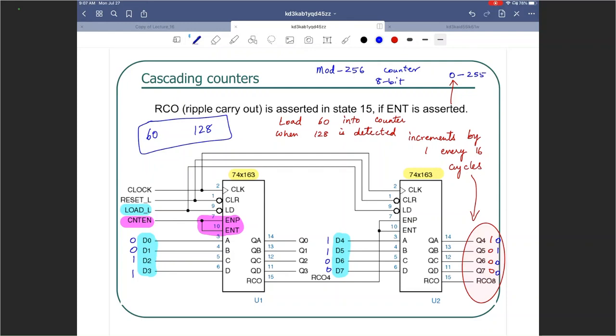What I'll do is I will pick, say, a NOT gate right here, and connect Q7 to this, and the output of that can be connected to that, right?